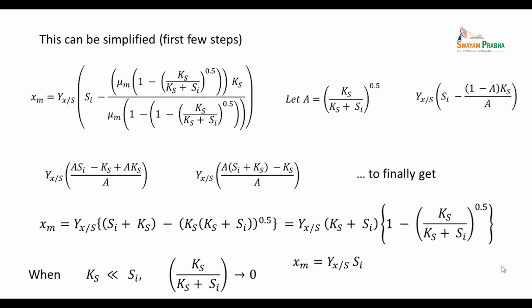So in such a case, Xm would be directly Yxs times Si, and the productivity Rm would be Dm times Xm. That's our definition of productivity that we saw earlier, and Dm is mu m, therefore we have replaced it with mu m. Xm would be Yxs times Si, so that would be mu m times Yxs times Si.